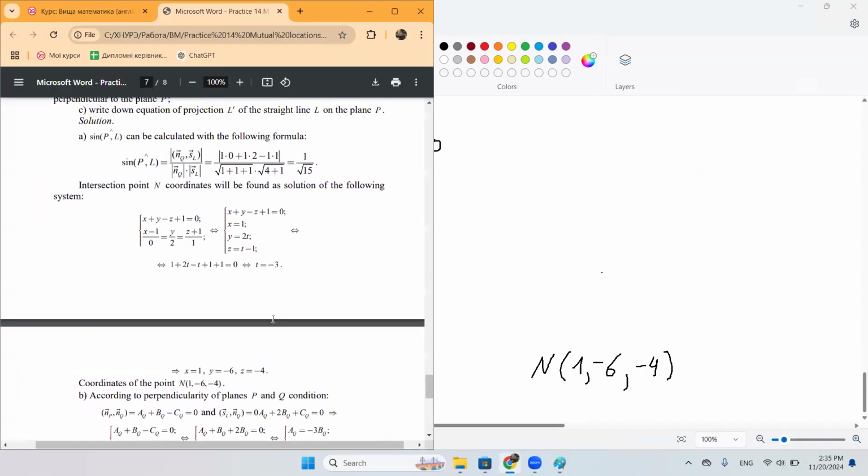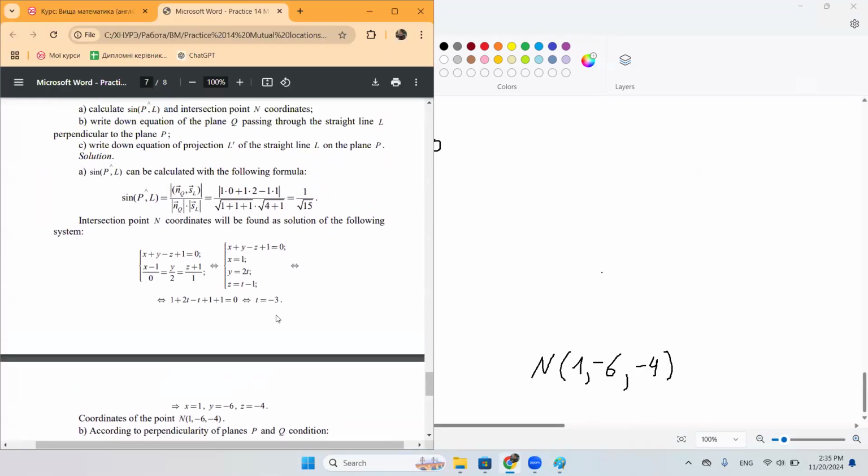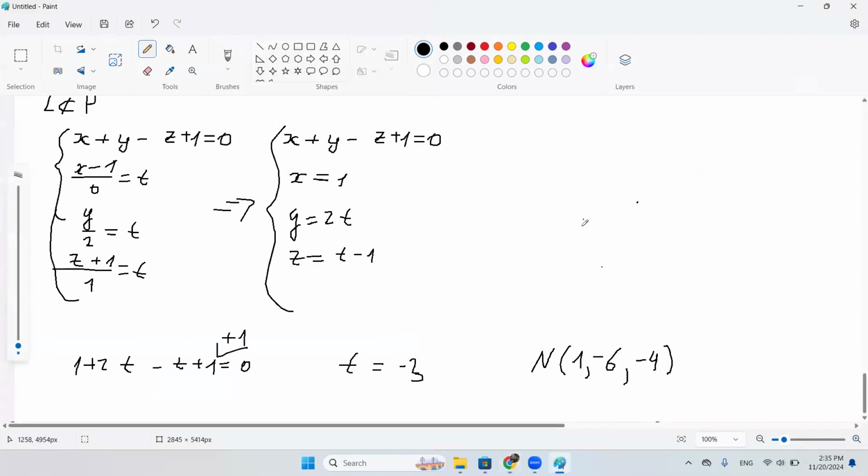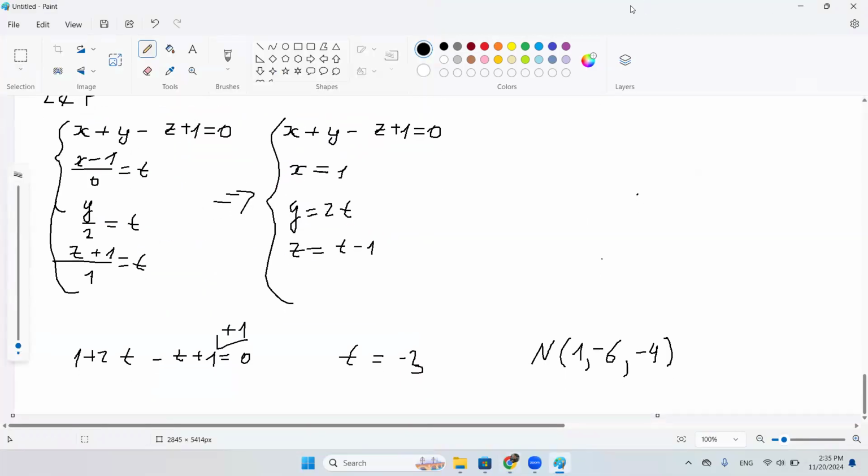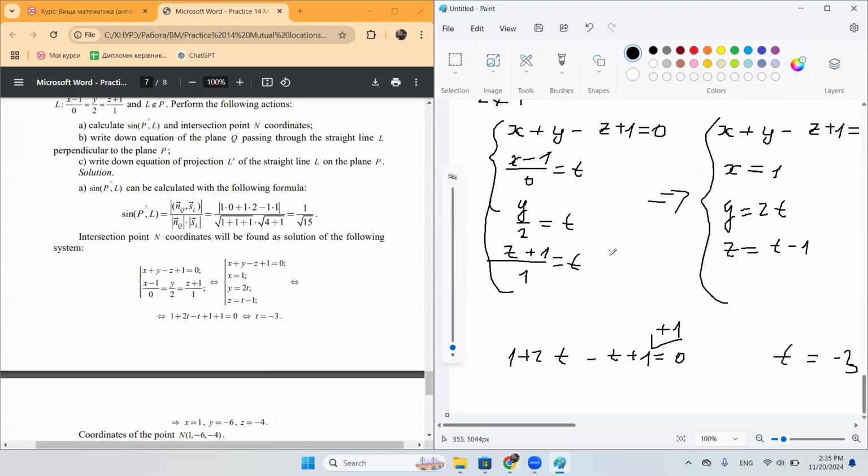Then we need to find the equation of the plane Q, that is, passing through the straight line L perpendicular to the plane P. I forgot to move it up.